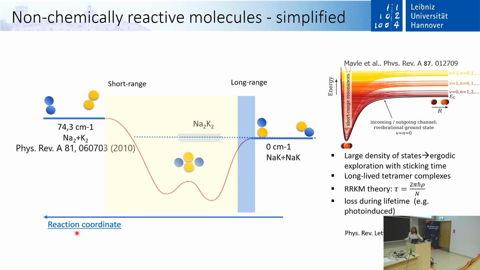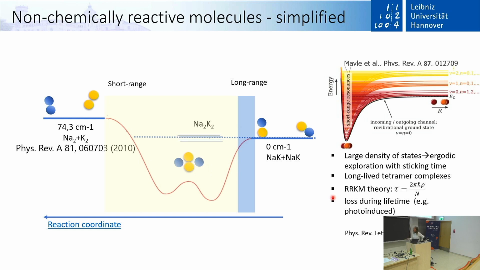The origin of this decay is by now known and widely accepted, but it has been a puzzle for a long time. What happens is that two molecules approach each other, they sample the long-range potential, they see the tetramer potential, and this tetramer potential supports a huge density of states, leading to the formation of long-lived tetramer complexes with a lifetime which is still under discussion.